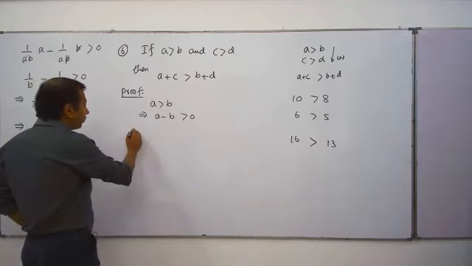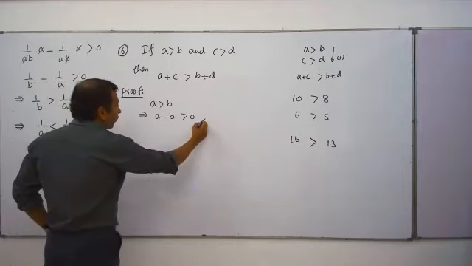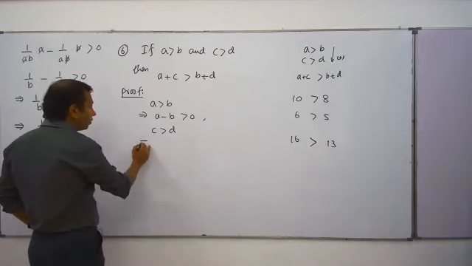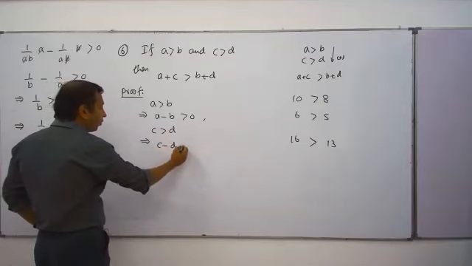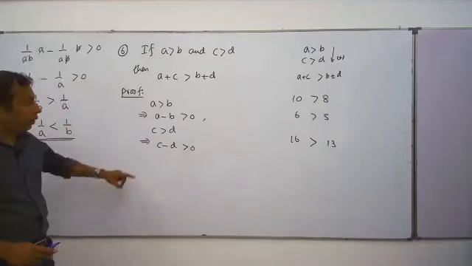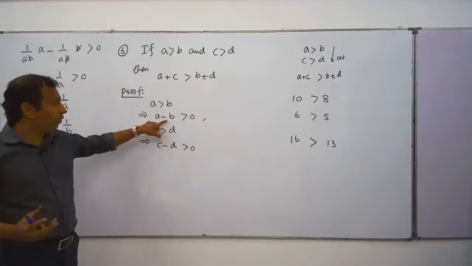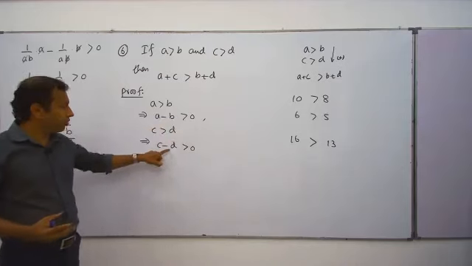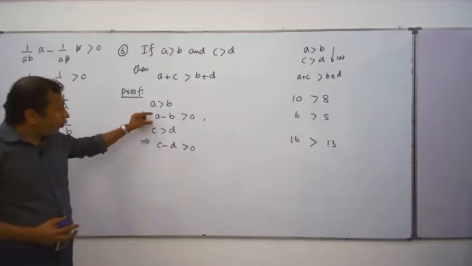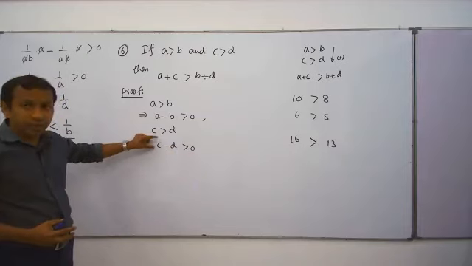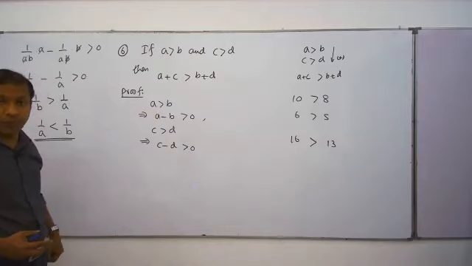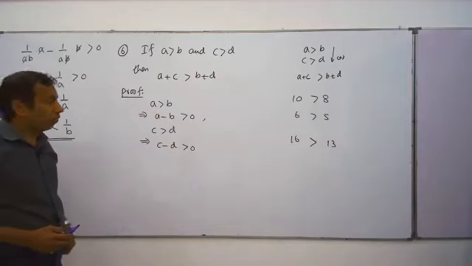And C greater than D implies what, people? C minus D positive. A minus B is a real number, it is positive. C minus D is also a real number, it is positive. When you add two positive real numbers, people, the answer is again positive. What is that?